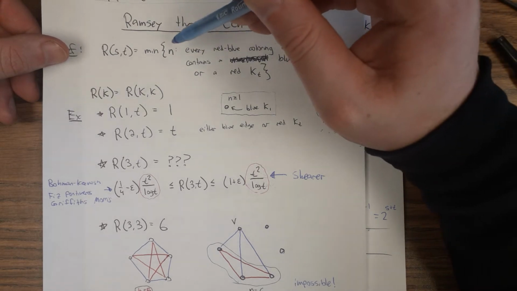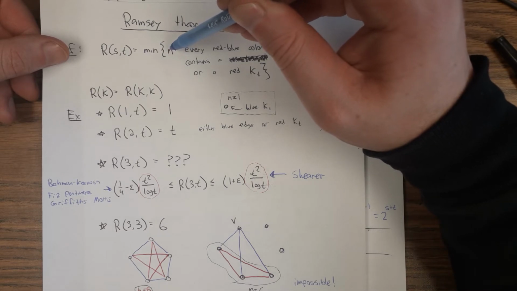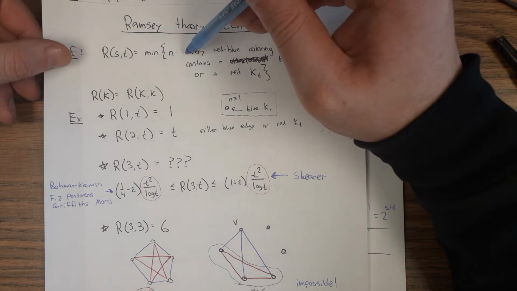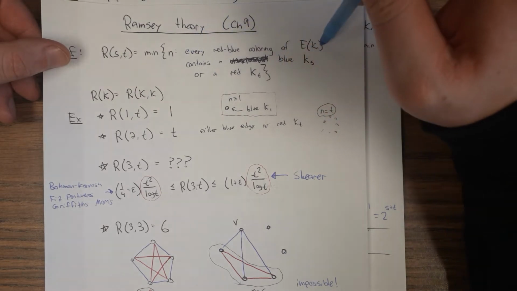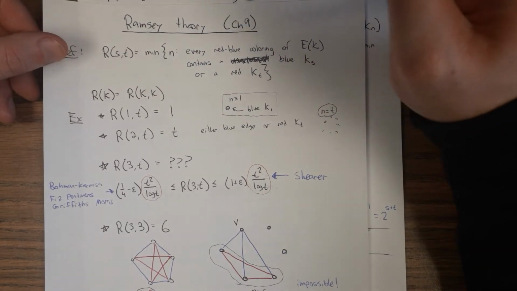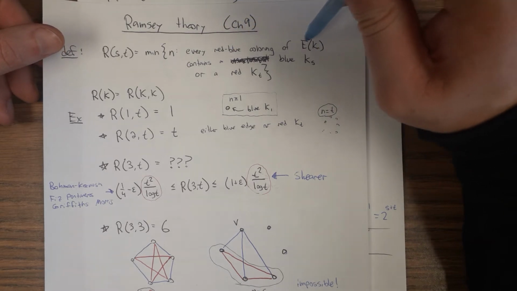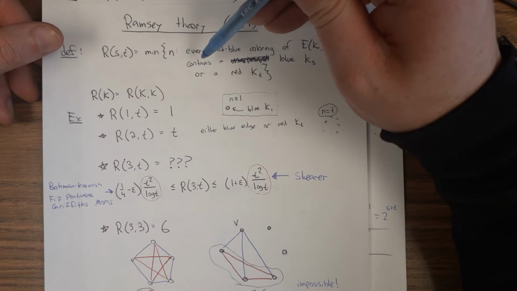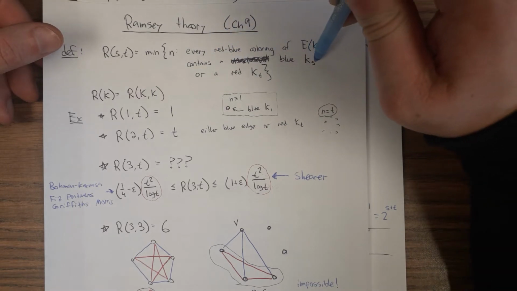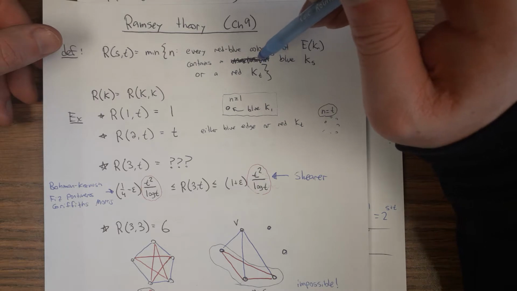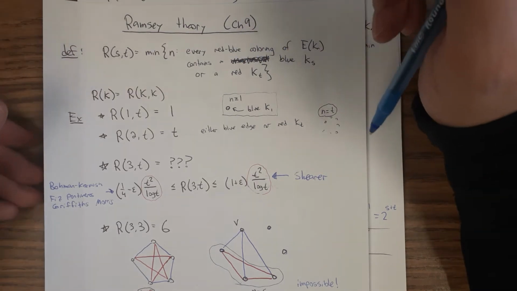What we would like is to show that for some value of n, it does not have this property, that there exists a red-blue coloring of the edges of Kn that does not contain any blue Ks or a red Kt. So that's what we're going to try to do.